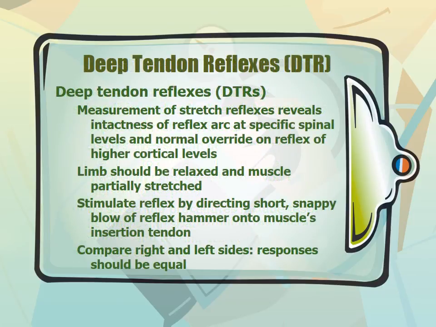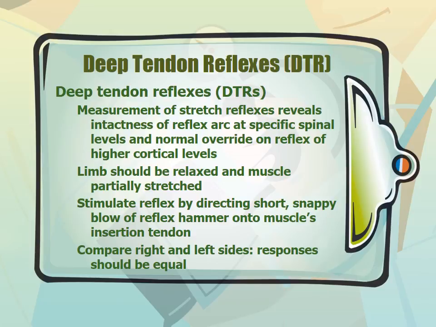The next thing that you want to do are deep tendon reflexes, or what we call DTRs. Deep tendon reflexes are the measurement of stretch reflexes that tells us whether or not the reflex arc is intact at the specific spinal levels, and the normal override on the reflex of higher cortical levels. The limb, in order to be able to do DTRs, must be relaxed, and the muscle has to be partially stretched.